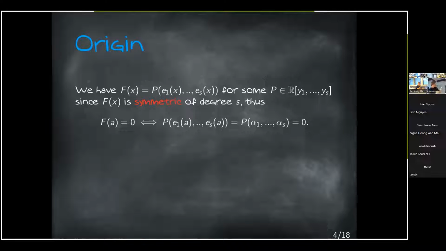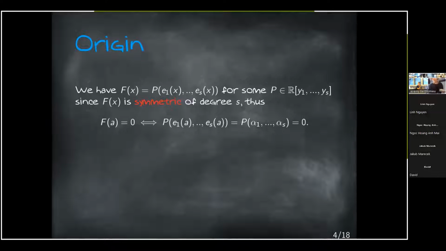And then f being 0 at a is equivalent to the polynomial p at alpha 1 to alpha s being 0, where alpha 1 to alpha s are obtained by evaluation of these elementary symmetric polynomials.